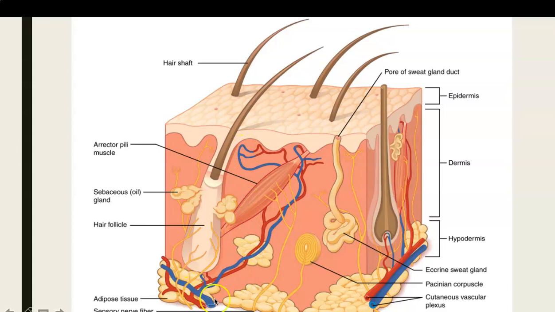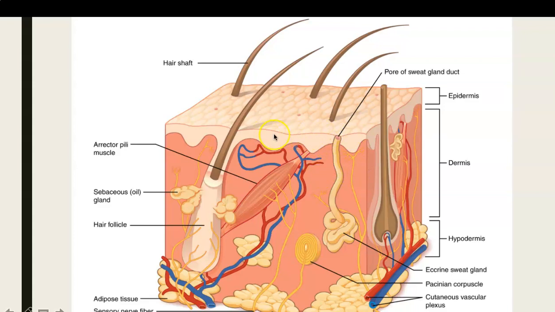The bottom layer here, which looks like these oddly shaped plump cells, these are adipose cells, and this is the hypodermis. Down here you have the hypodermis, hypo meaning below, so below the dermis. This is the dermis here in dark pink, and the epidermis. Epi means on top of, and so epidermis, on top of the dermis.